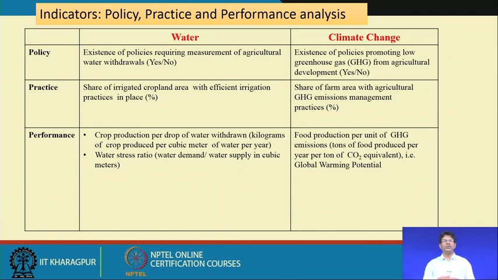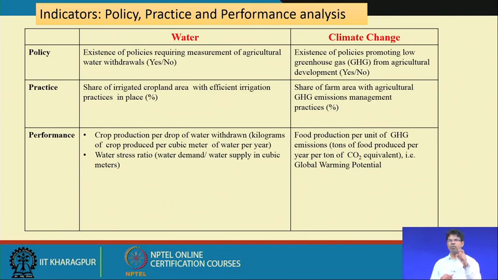So, water. At the policy level, you ask whether there is the existence of a policy requiring the measurement of agricultural water withdrawal. If you want the farmer to make efficient and economic use of water as one of the indicators of sustainable agriculture, there should be a policy.